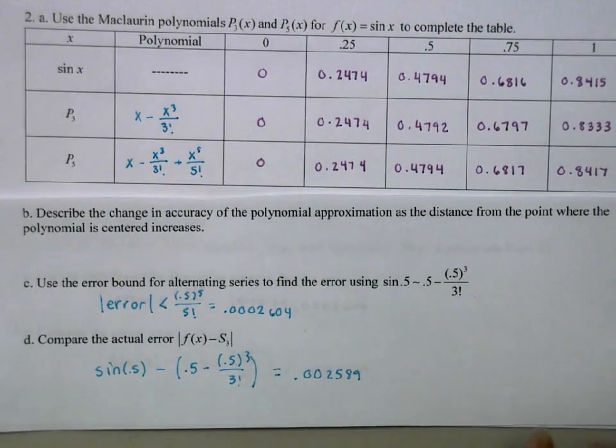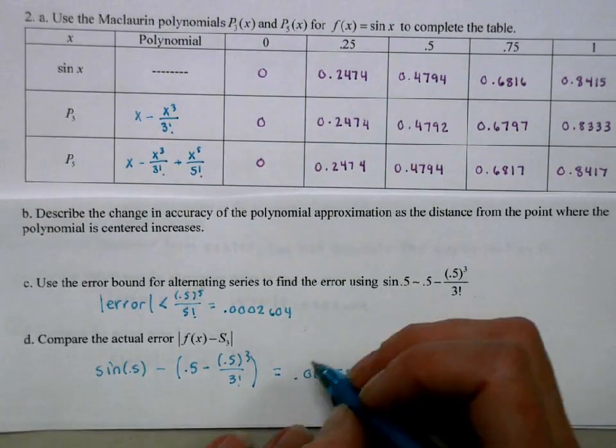So the approximation for the error is actually pretty close to the actual error. There are 3 zeros there.